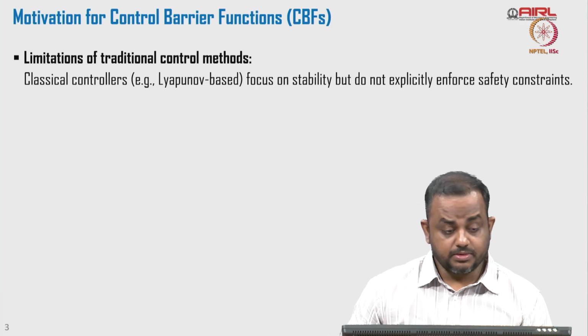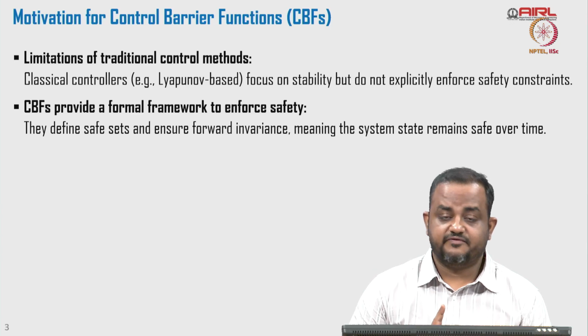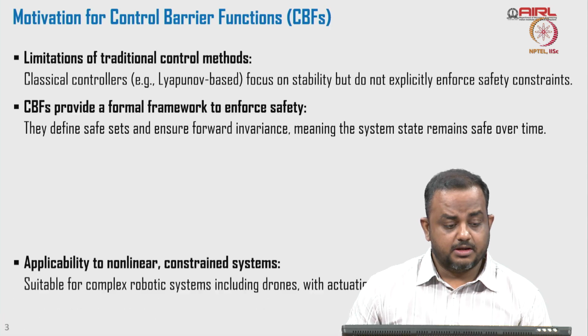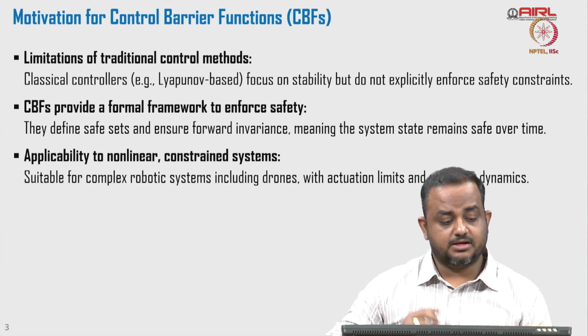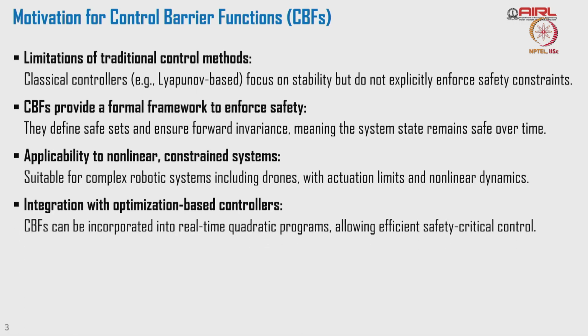Now control barrier function can provide a formal mathematical framework to enforce safety. It is applicable to nonlinear systems which have certain system constraints, like input constraints and state constraints. Then it can be integrated with optimization based controllers.